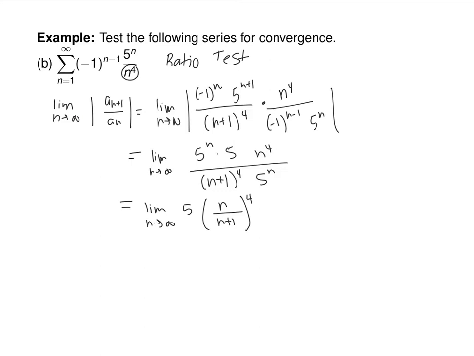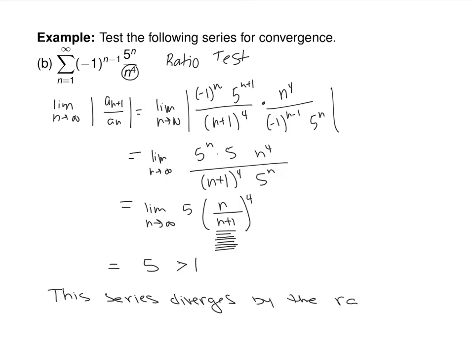I think that this is easier than expanding, because as n goes to infinity, the limit of this stuff in the parentheses is 1. So this limit will be 5 times 1, or 5. And as 5 is greater than 1, this series diverges by the ratio test.